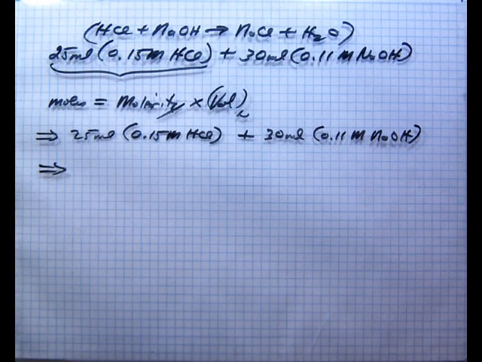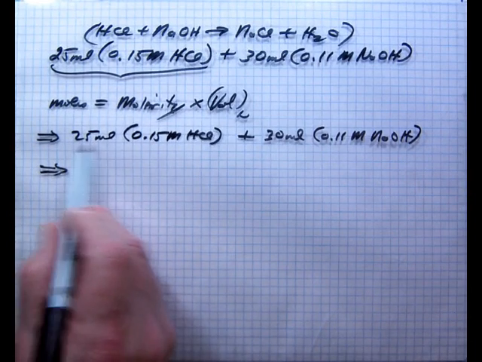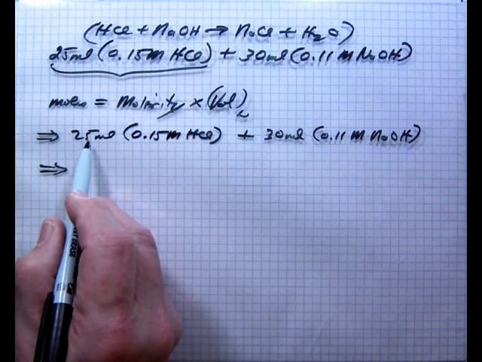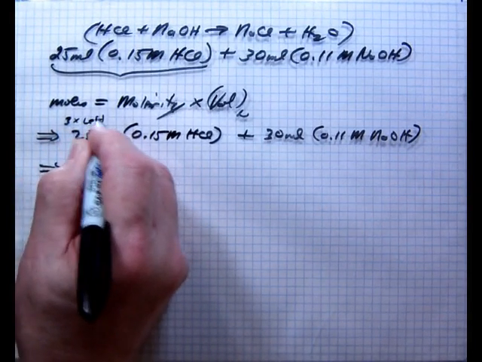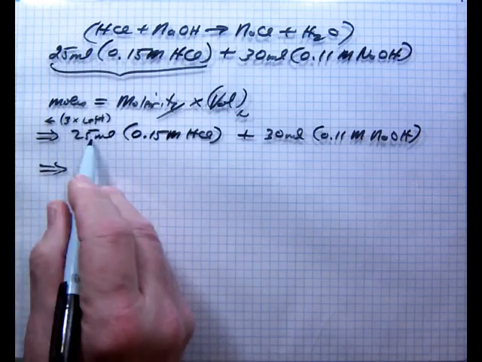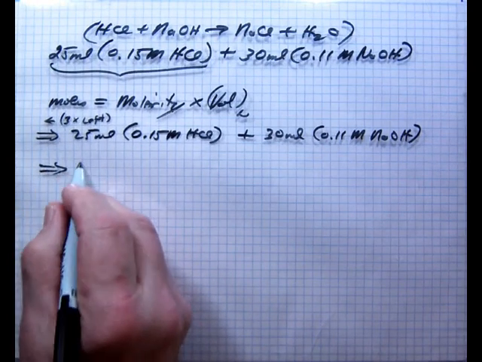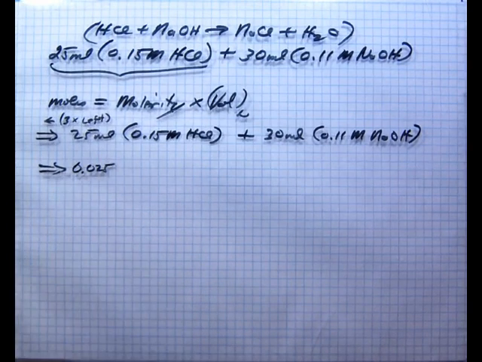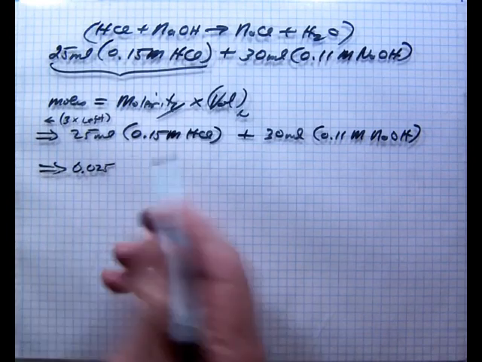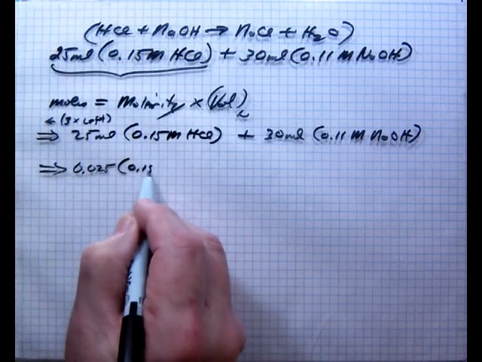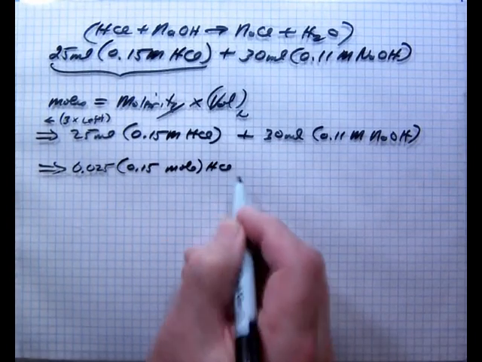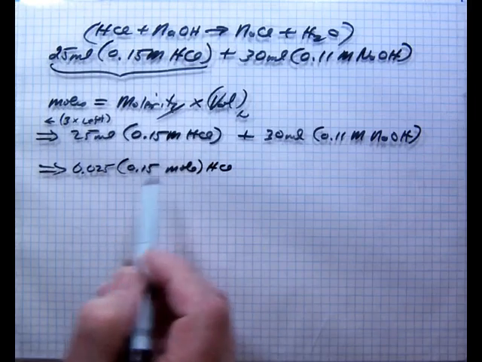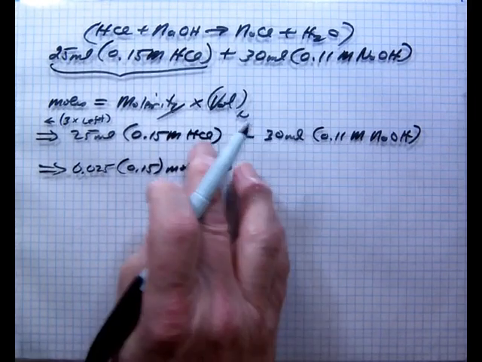This is a real learning element here. That has to be in liters. If you're in milliliters, move the decimal 3 places to the left. So I'll move that over 3 places to the left. I'm going to have 0.025 liters, but I'm not going to put liters on it. I'm just going to put 0.025, and then I'm going to put 0.15 mole HCl. See what I did? Molarity.